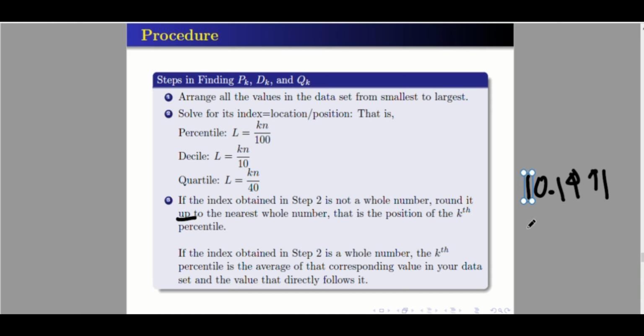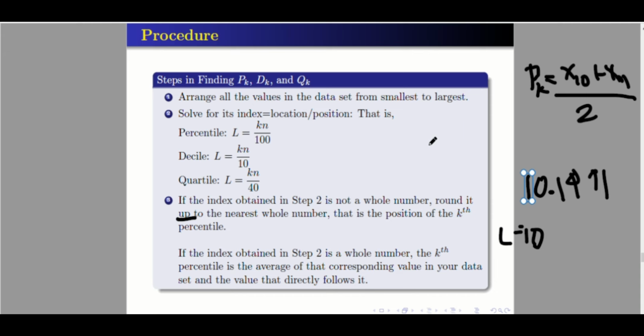Say, for example, L is equal to 10. So your P sub k is just the average of x sub 10, which is L equals 10, plus the value that directly follows it. What is the data that follows x sub 10? It's x sub 11. So divided by 2 to take the average.